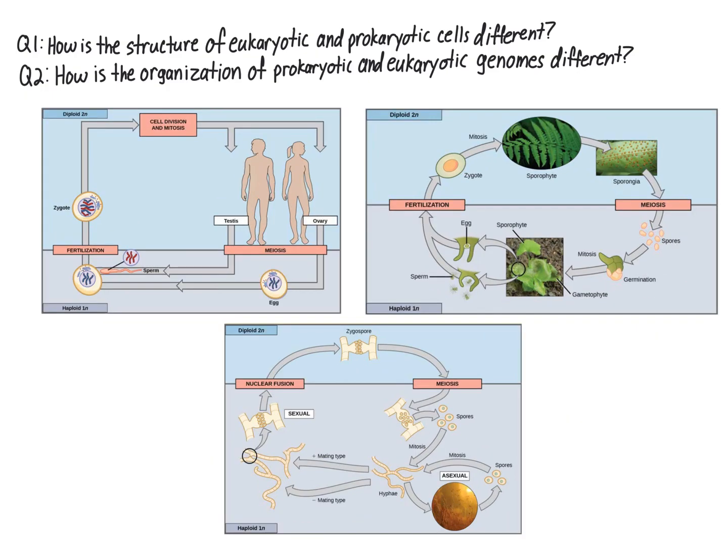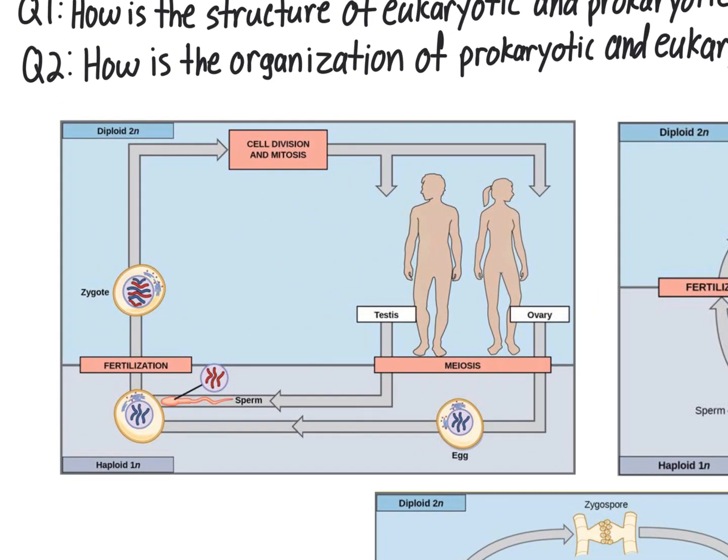Here we see the life cycles of humans, plants, and fungi. Eukaryotes, like humans, do make haploid cells in the form of sperm and egg, which fuse during fertilization to form the diploid zygote.